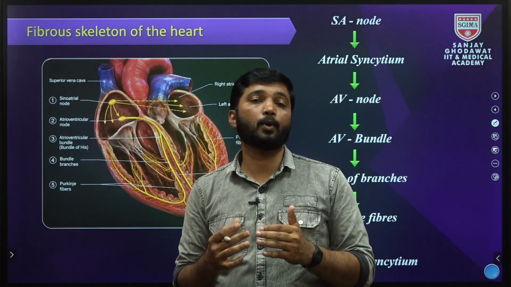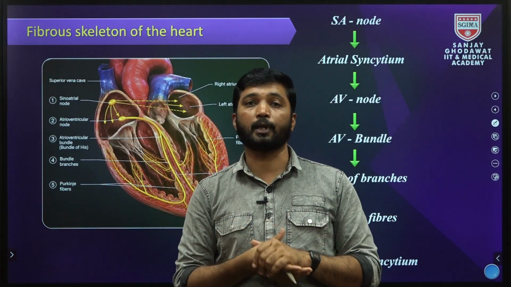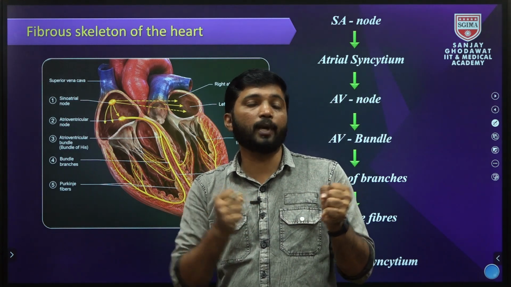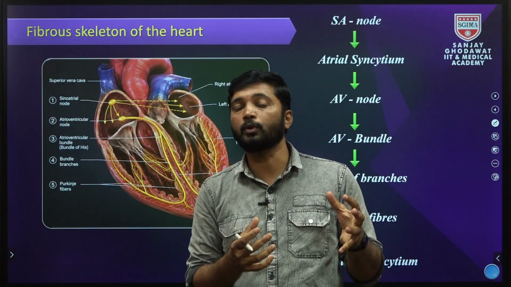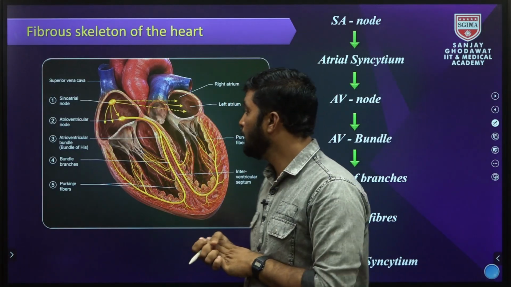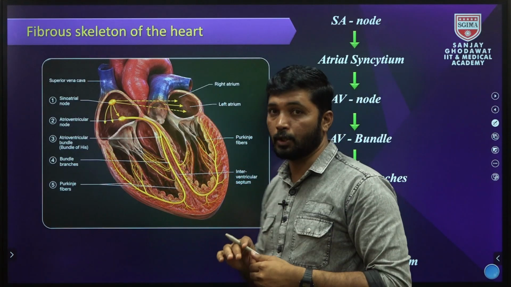It is very important for cardiac activities like auricle systole, ventricle systole and diastole, which need an action potential. The action potential is triggered by this nodal tissue.